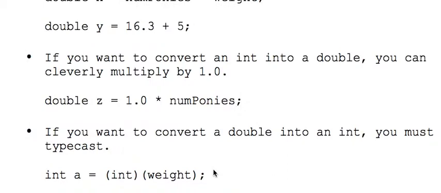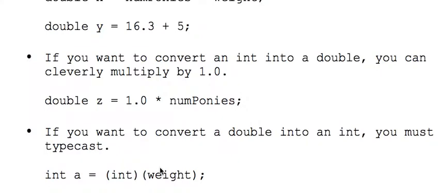If you want to go the other way, you have to use typecasting, which we talked about a little while ago. So if you want to convert from a double into an int, this is where you must typecast. So weight is a double, a is an int. I do this weird syntax where I put the word int before it, and this turns 132.8 into an int. And how does it do that?